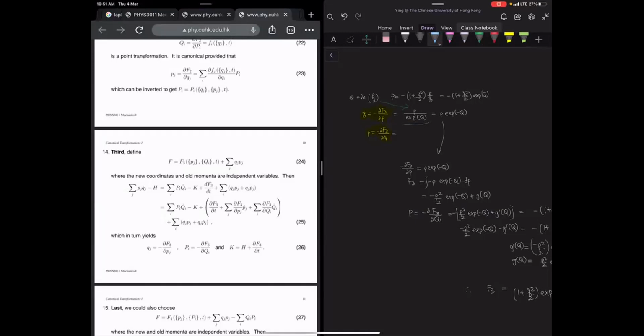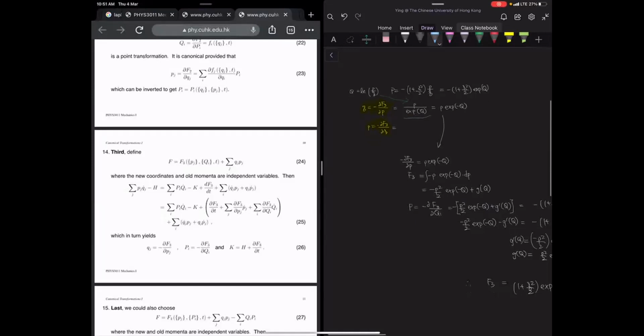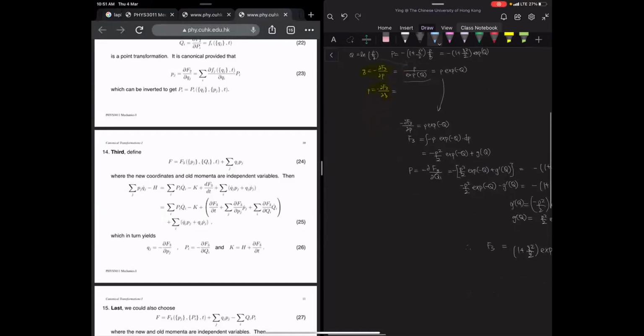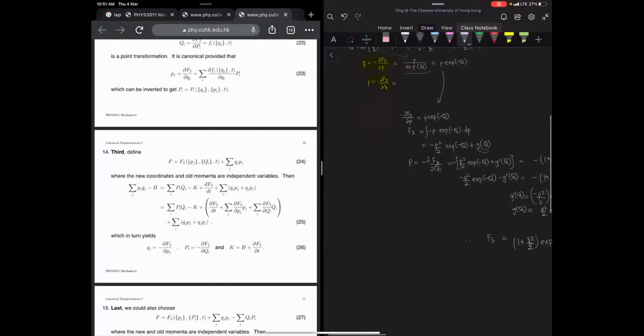So we can find F3 by solving the partial differential equation. By solving it, we simply add a constant, however, as a function of big Q, because big Q is not the variable being partially differentiated.